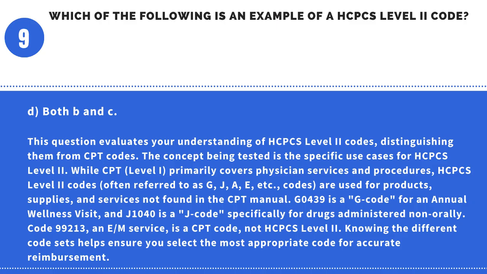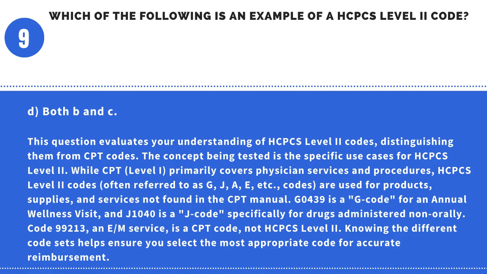This question evaluates your understanding of HCPCS Level 2 codes, distinguishing them from CPT codes. The concept being tested is the specific use cases for HCPCS Level 2, while CPT Level 1 primarily covers physician services and procedures. HCPCS Level 2 codes, often referred to as G, J, and other letter codes, are used for products, supplies, and services not found in the CPT manual.